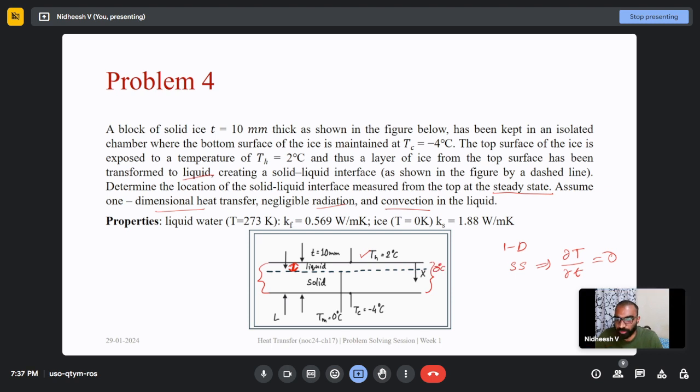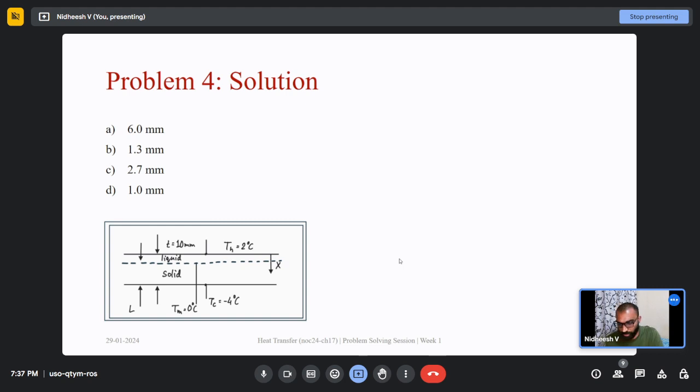Yes, sir. So we can again convert this into a thermal resistance network problem. That is what you mean, right? Yes, sir. Okay, I will draw it here. At the bottom we have -4 degrees Celsius, then there is a thermal resistance of ice.